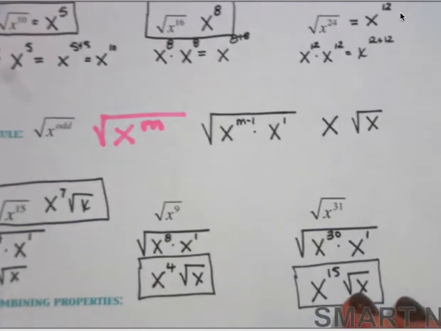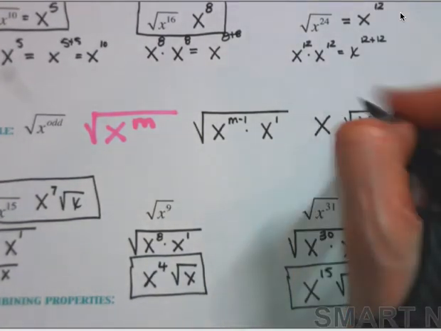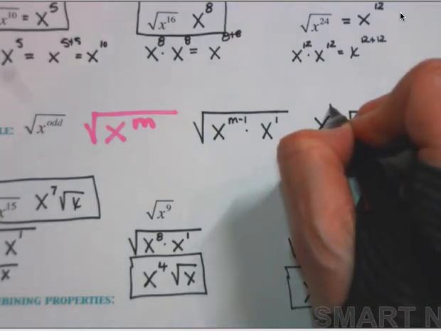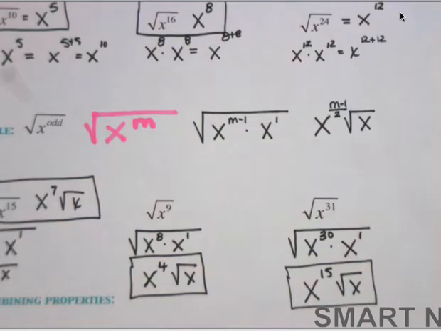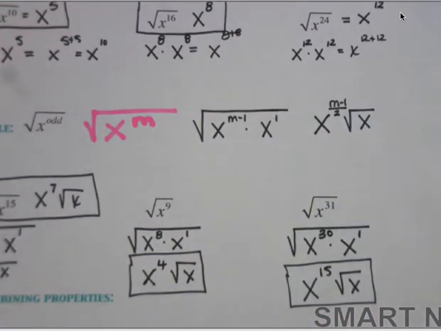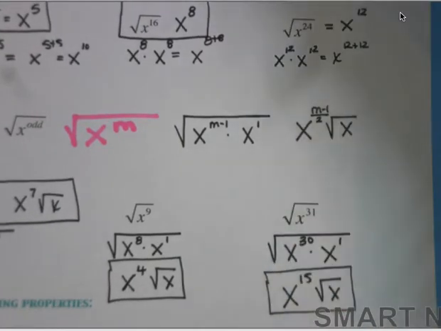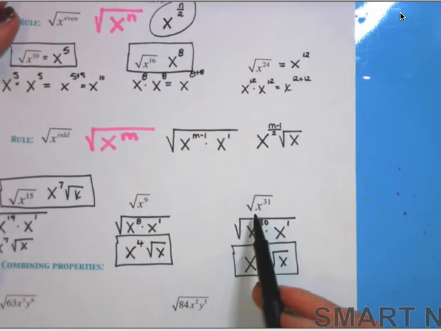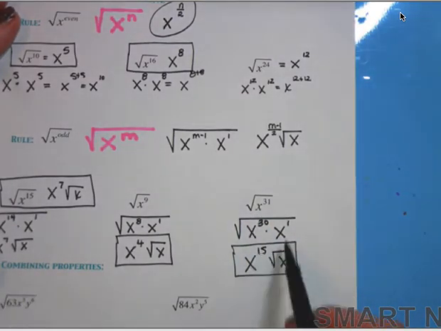Let me zoom out just a little bit. And then the power that you would put on the variable piece that comes out is m minus 1, and you would divide that in half. So the way that you deal with odd exponents, you subtract 1 to get the even number, divide that number in half, and then one variable always remains underneath the radical raised to the first power.